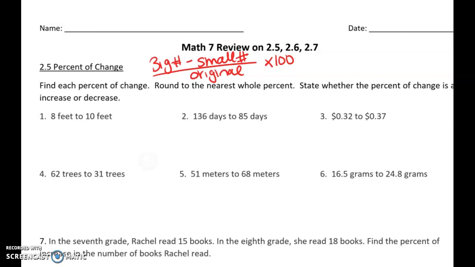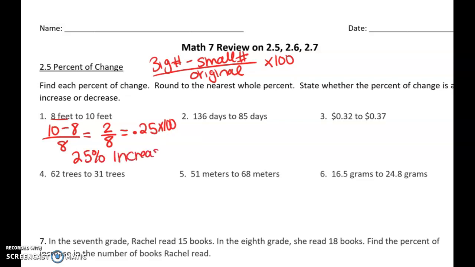So for the first one, we're going to do 10 minus 8 divided by the original. We get 2 divided by 8, which is 0.25. We multiply that by 100, or if we move the decimal over twice, we get 25%, and it goes from 8 to 10, so that's an increase.